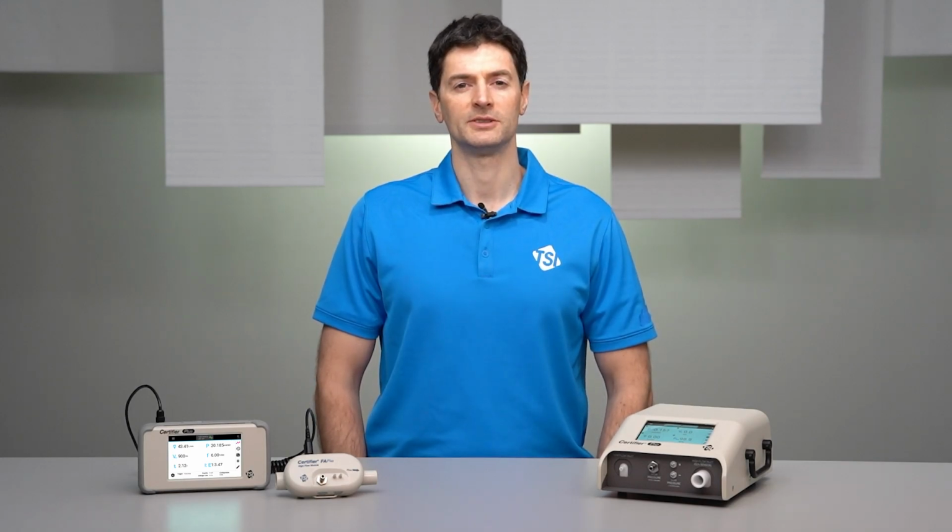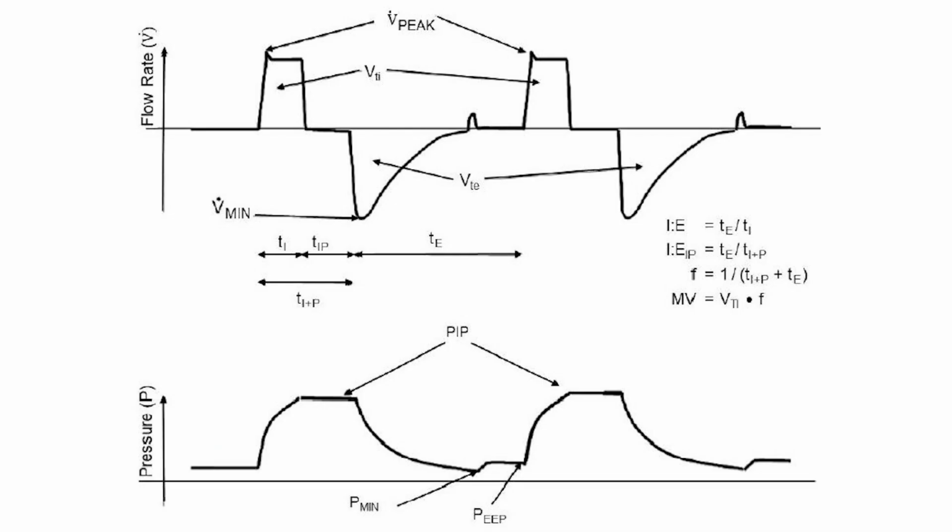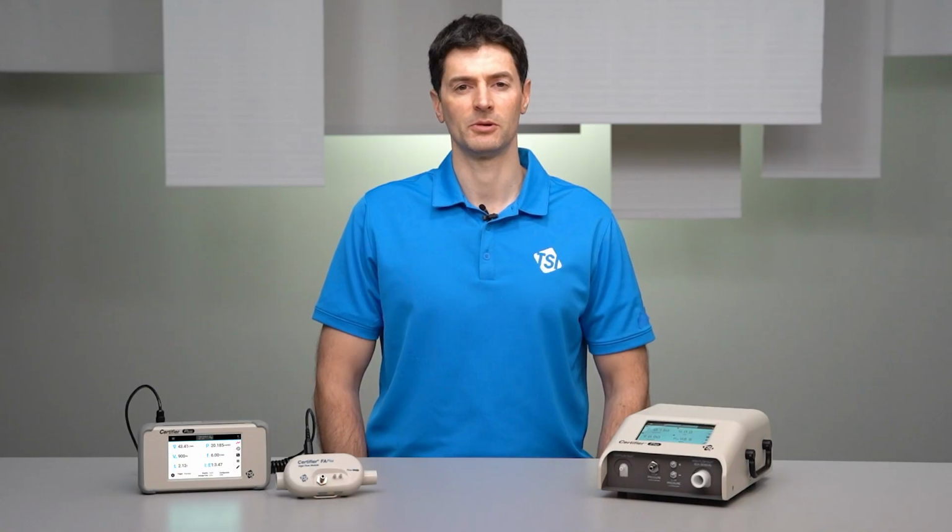Certifier Flow Analyzers are often used to test ventilators and other respiratory devices that output flow and pressures in the form of breaths. Many test parameters are calculated on a per breath basis from flow rate measurements such as tidal volumes and minute volume, or from breath-based pressure measurements like mean airway pressure, peak inspiratory pressure, and positive end expiratory pressure.